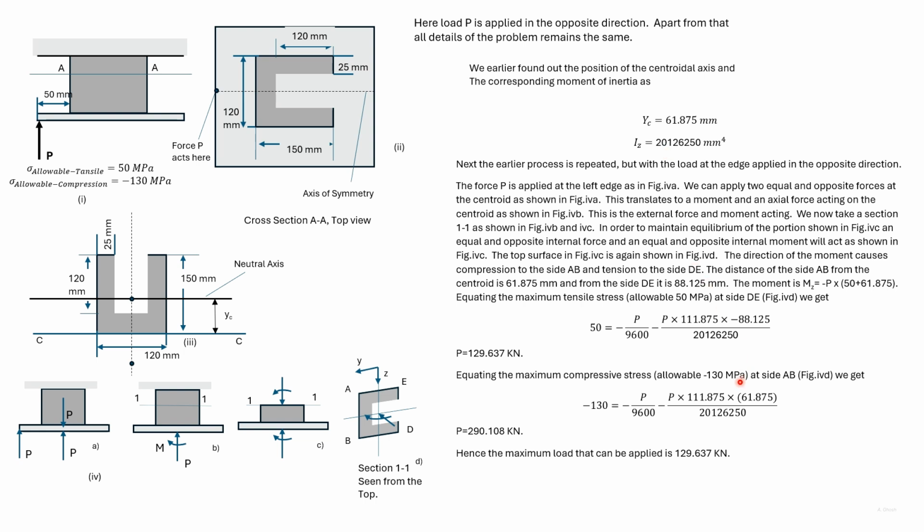The stress at AB, which we have obtained in terms of P, is equated to the maximum allowable compressive stress, from which we get a value of P. Now here again we see that the value of P obtained considering maximum tensile stress is lesser, and as such it is considered the value that can be applied without failure.